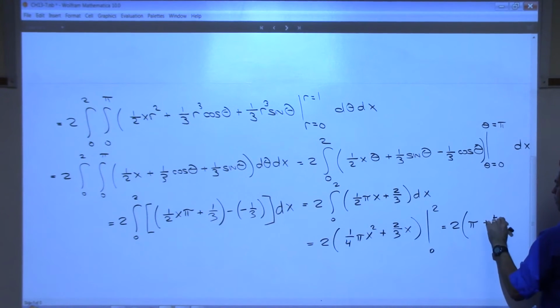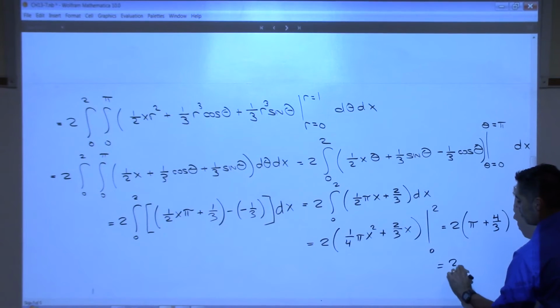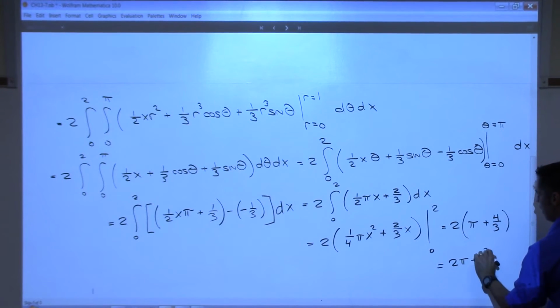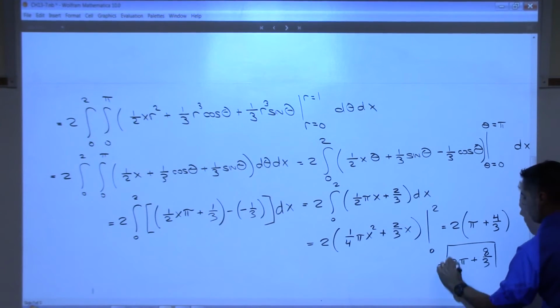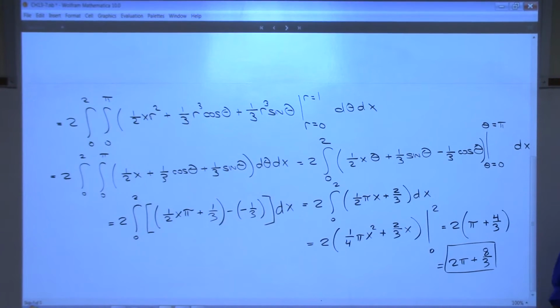Oh, wait, sorry, I haven't done that yet. 4/3 like that. And then you can distribute the 2 through: 2 pi plus 8/3, which is the same answer you would have got had you done it the other way.